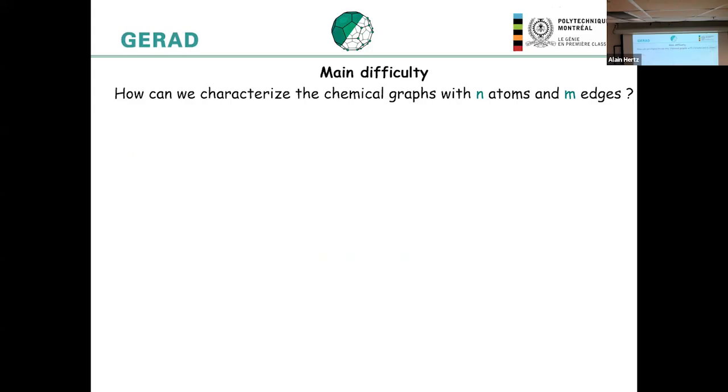So the main difficulty is how can we characterize, we would like linear constraints to characterize the chemical graphs with n atoms and m edges, since we have a linear function which is just the sum of C_ij times M_ij. So let's try to find a way to characterize chemical graphs with n atoms and m edges.